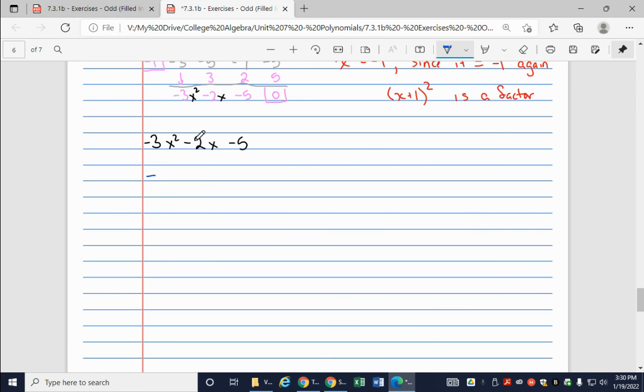Quadratic formula, negative b. B is a negative 2. So negative 2 is positive 2. Plus or minus the square root of b squared. Negative 2 times negative 2 is 4. Minus 4a. A is negative 3. C is negative 5. All over 2a. Oh, we know what a is. A is negative 3.